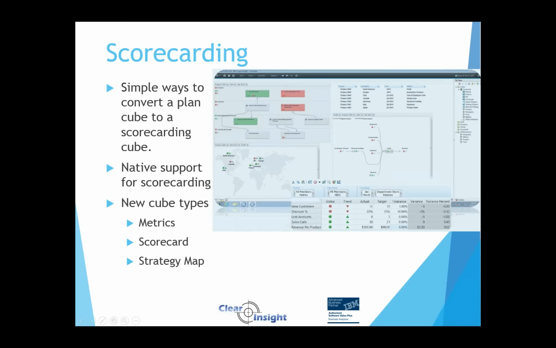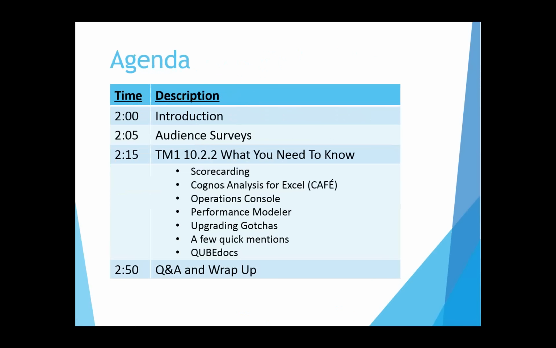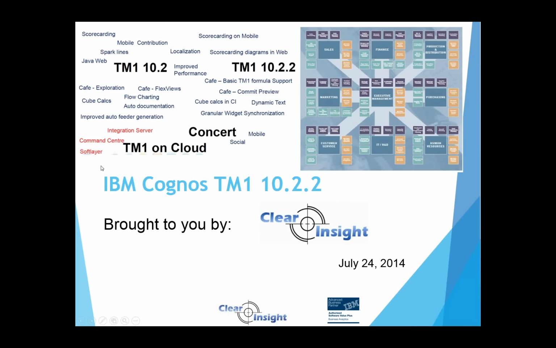So there's a lot. I'm going to go back a few slides. Sorry for jumping around here, but I want to just kind of revisit this title slide here. There's actually a lot that's happened in different releases of TM1 10. You can see there's different features we could talk about, and there's a fair bit that's already in 10.2.2.